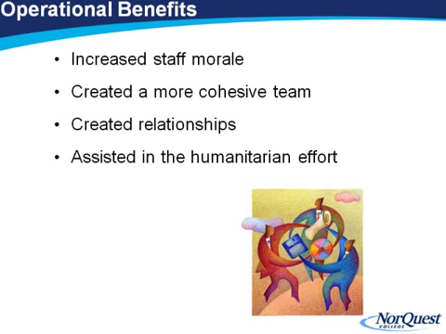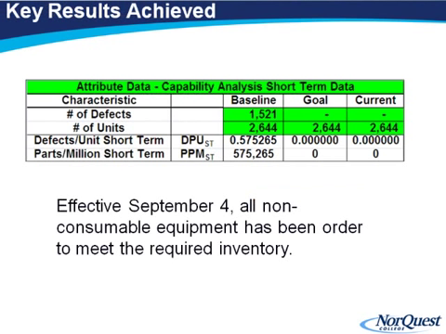Some of the highlights of our operational benefits is an increase in staff morale and cohesiveness. We've also been able to build relationships between the Practical Nurse Program, various NorQuest programs, and other nonprofit organizations through donation and collaboration. Our key results achieved: as of September 4th, 2012, our DPU for non-consumable equipment has been reduced to our goal of 0 defects per unit.